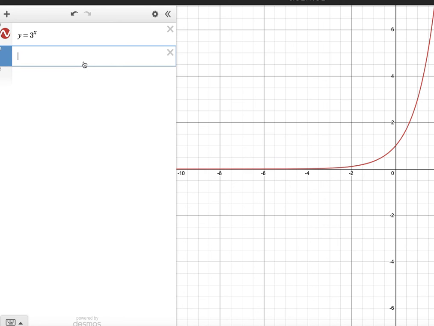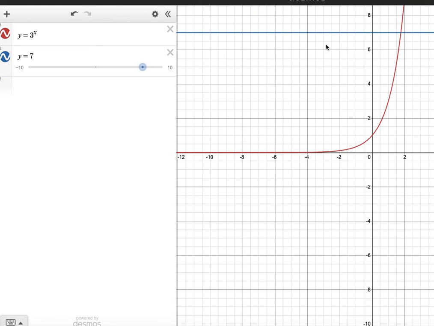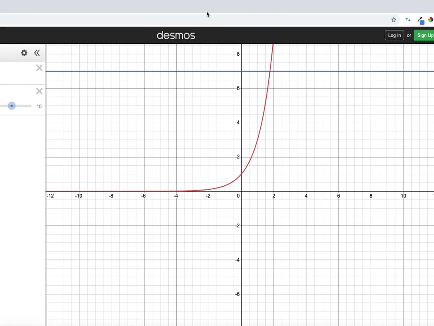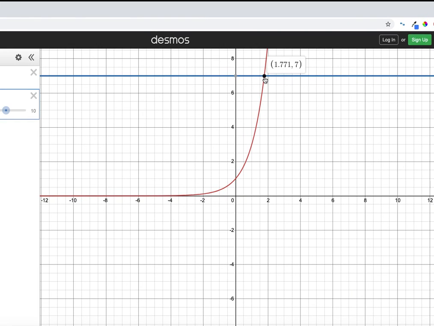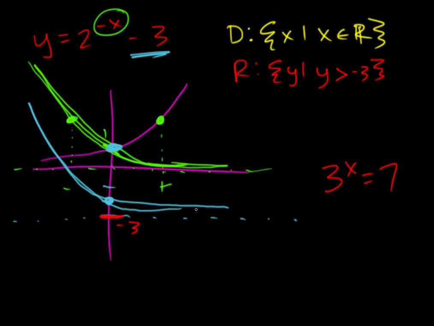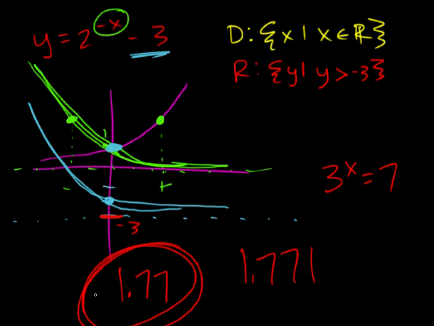The other side was 7. If we zoom out just a little bit, we can see that, and we just want to see where they cross, and they cross at 1.771. And if that's 3 significant figures, we just say 1.77 for x.